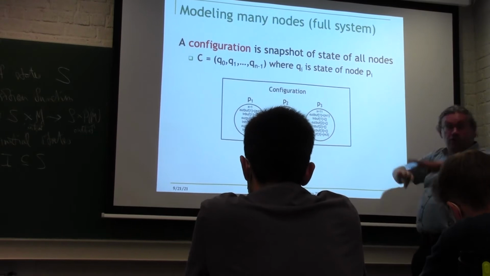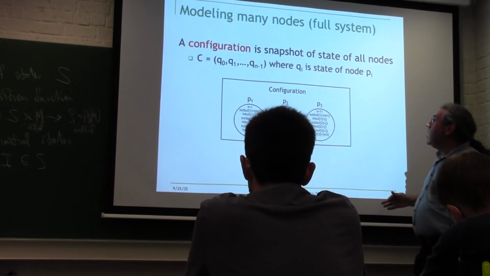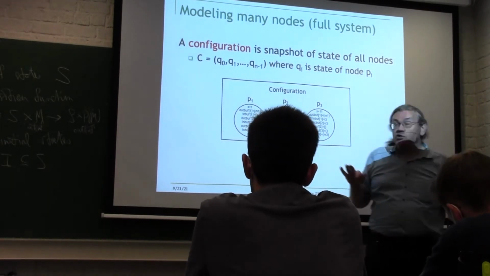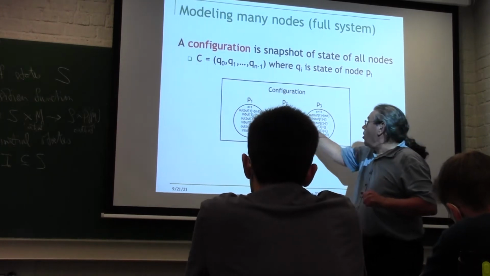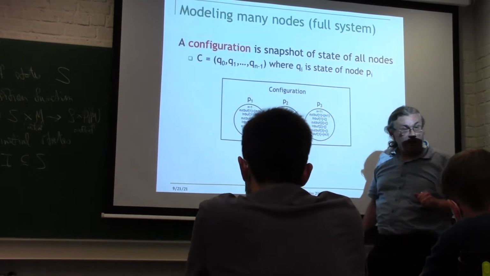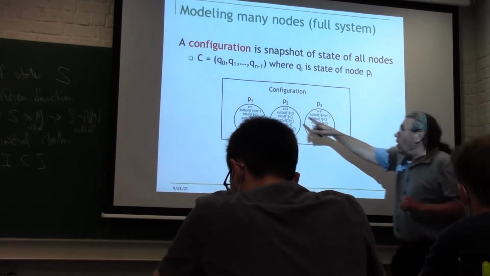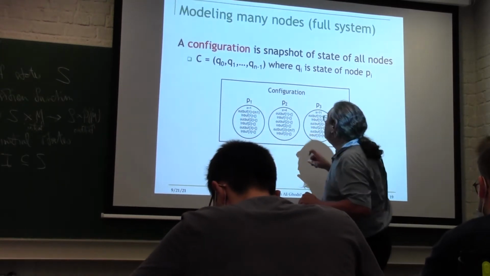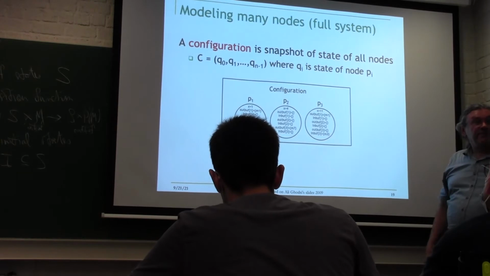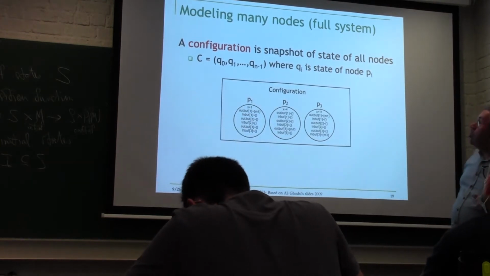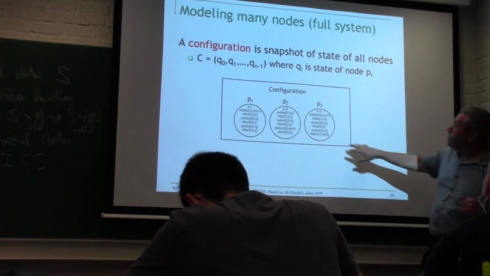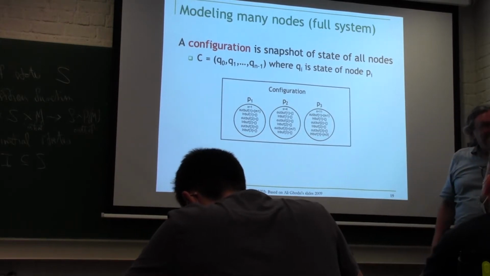It can be huge, and nobody knows it. P1 does not know the states of P2 and P3. P1 knows its own state, but not the other states.